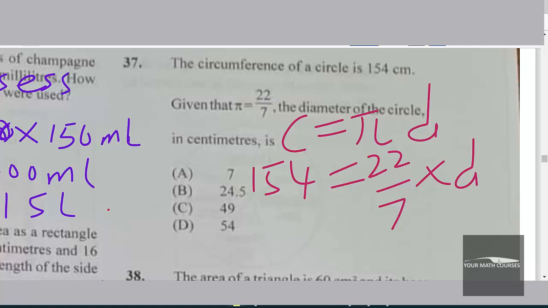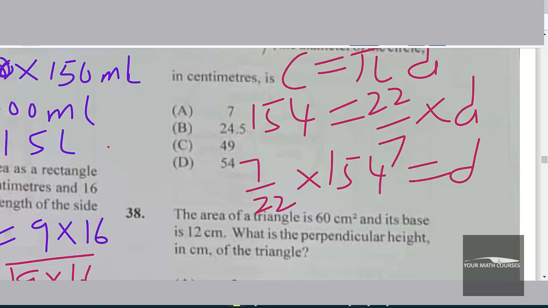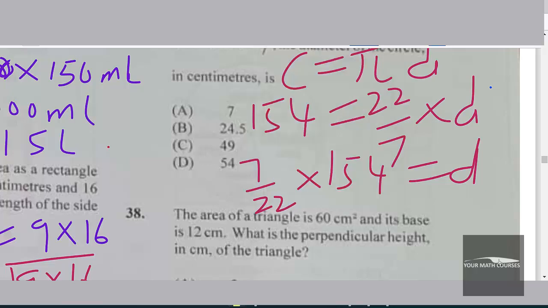So we can multiply both sides by 7 over 22, so that we'll get the diameter by itself. 7 over 22 times 22 over 7 will be 1. Now 22 will go into 154 7 times. So 7 times 7 is 49. So the diameter is 49 centimeters.